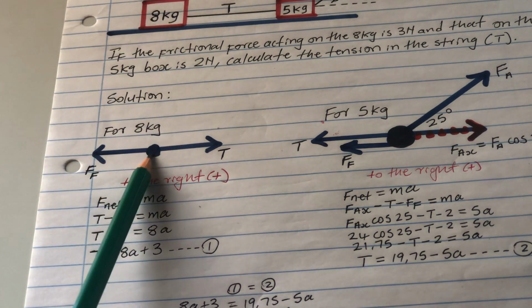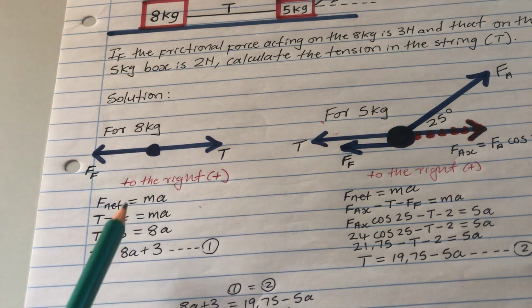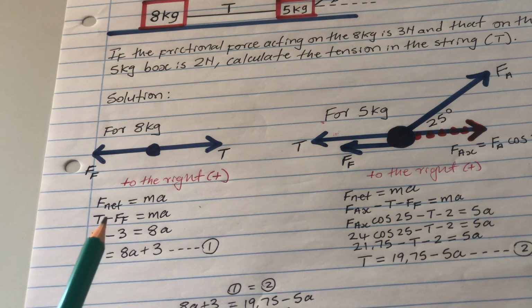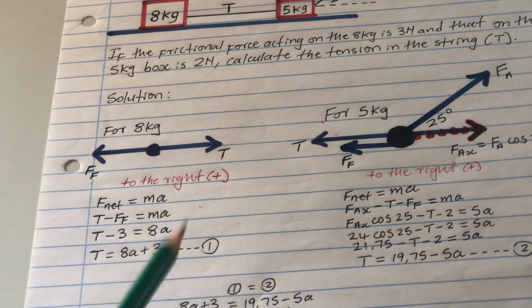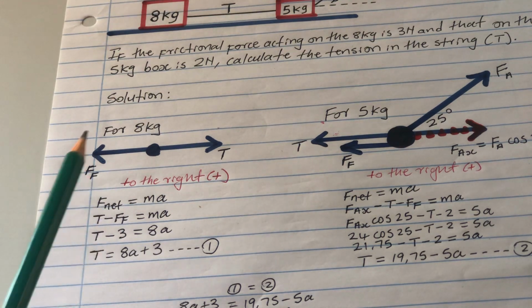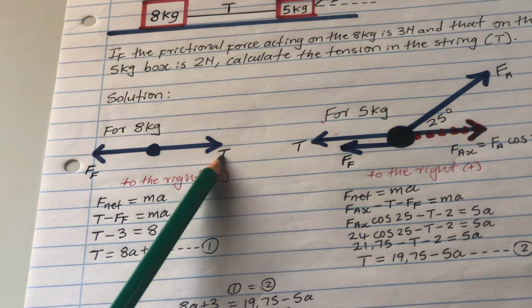This is what I've done here. I know that there is F normal and FG, but they are not going to be useful here because the motion is horizontal, not vertical, which means that I must only consider the horizontal forces. In this case, it is frictional force and tension.